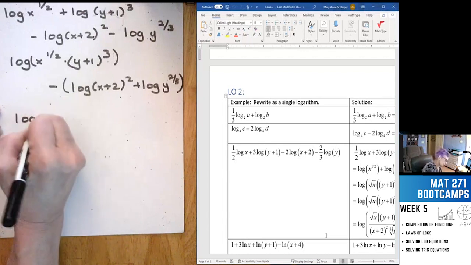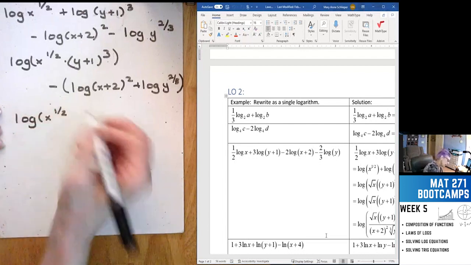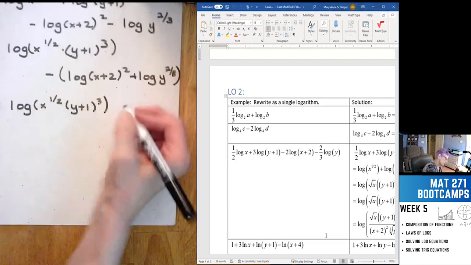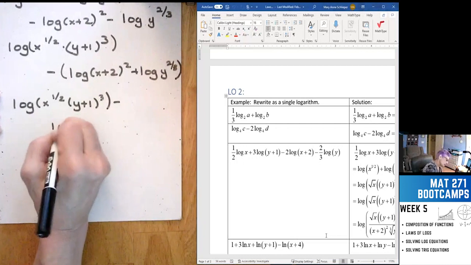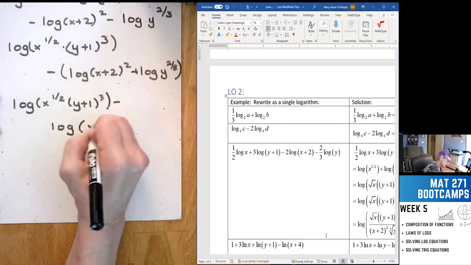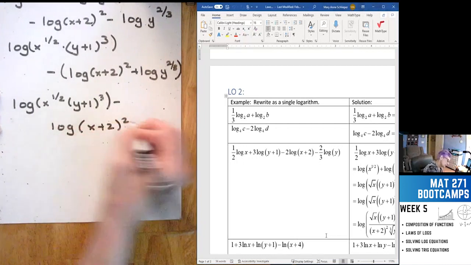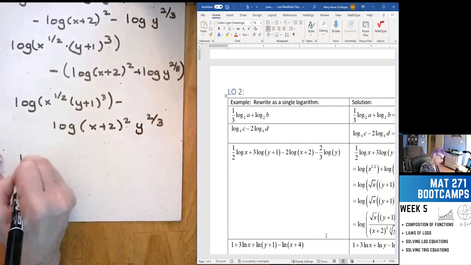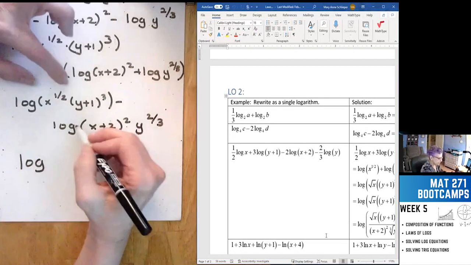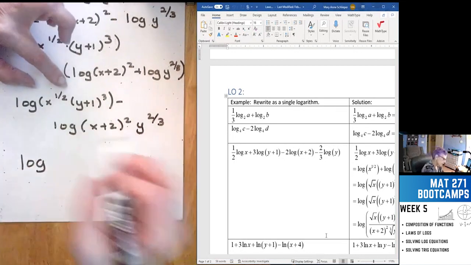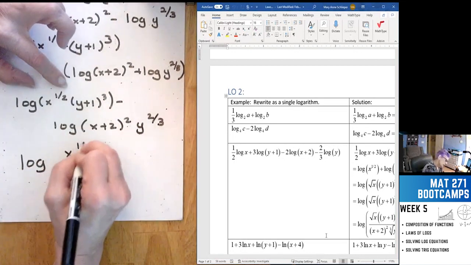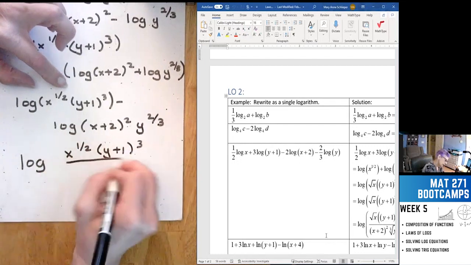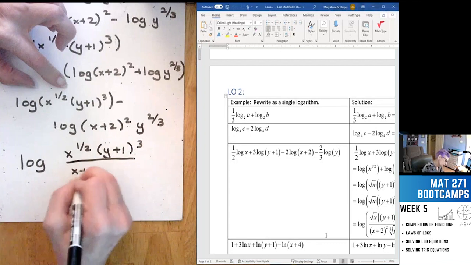So I have log of x to the 1/2 times y plus 1 cubed minus log of x plus 2 squared times y to the 2/3. Now I have just the log of a minus the log of b, so that's the log of a living on top of b.